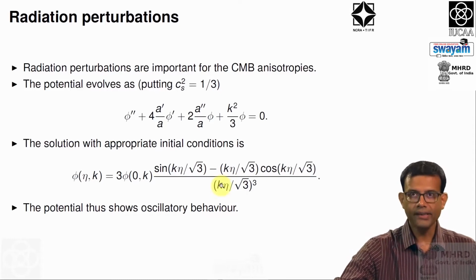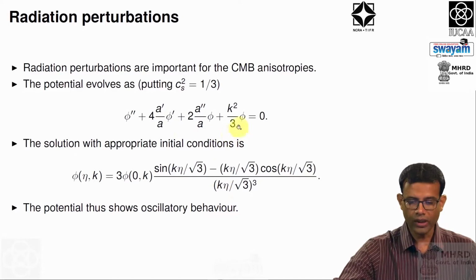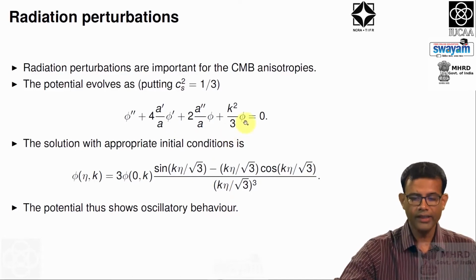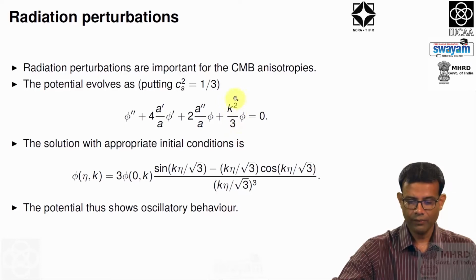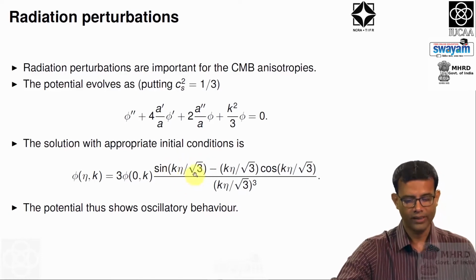This is not surprising because this equation has a lot of similarities with the harmonic oscillator problem. As we also said, this term behaves like the restoring force term, and this acts as a frequency, and you can see the same thing happens here: k by root 3 appears as if it is the frequency of the oscillator.